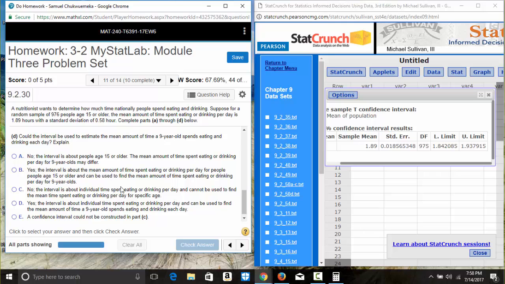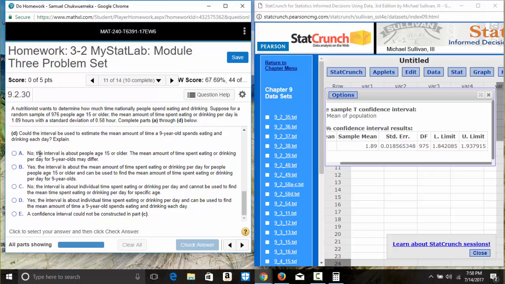We cannot, no. Now let's look at A. No, the interval is about people aged 15 or older. The mean amount of time spent eating or drinking per day for 9-year-olds may differ. C, no, it's not about individual time.